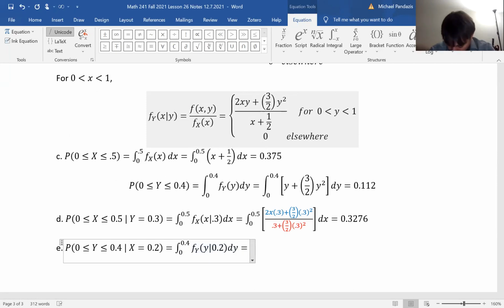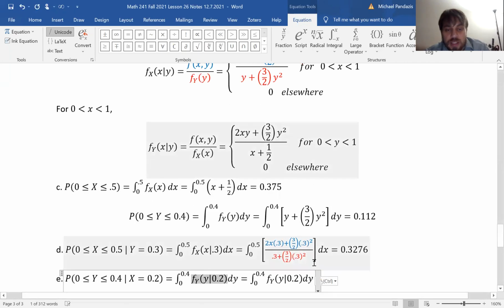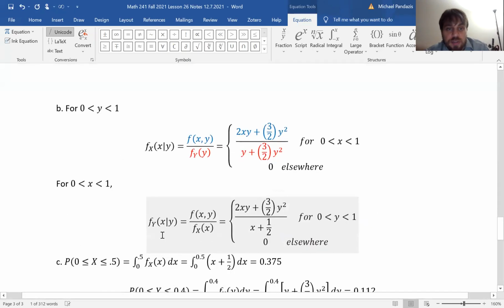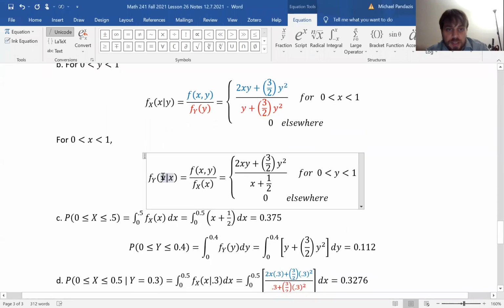Okay, and so now you want to calculate this integral, but we have f sub y of y given 0.2. Oh, okay, this is a typo. It should be y given x there. Okay, that should just be switched there.